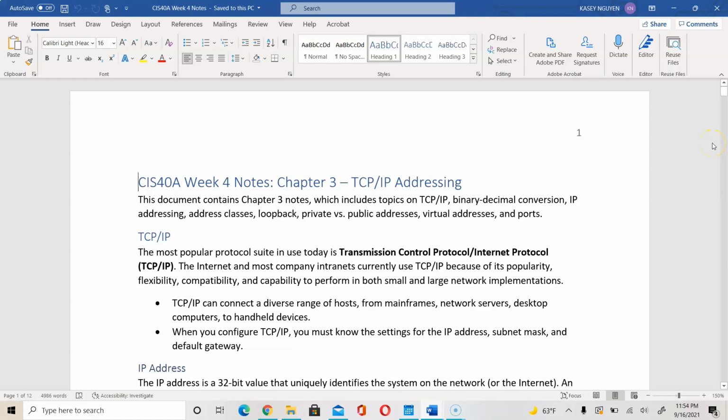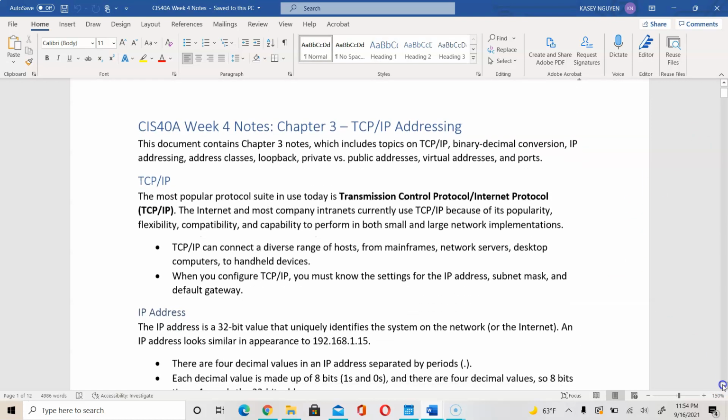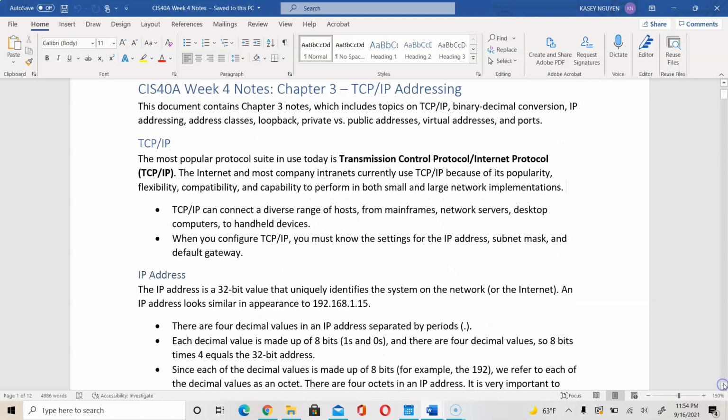As we recall, in the prior week, we talked about TCP/IP, the Transmission Control Protocol and Internet Protocol. This is used for our networks today, and that's what makes the internet. TCP/IP allows us to implement network servers, systems, and handheld devices using IP addresses. IP, the Internet Protocol, is connectionless and is used for addressing.